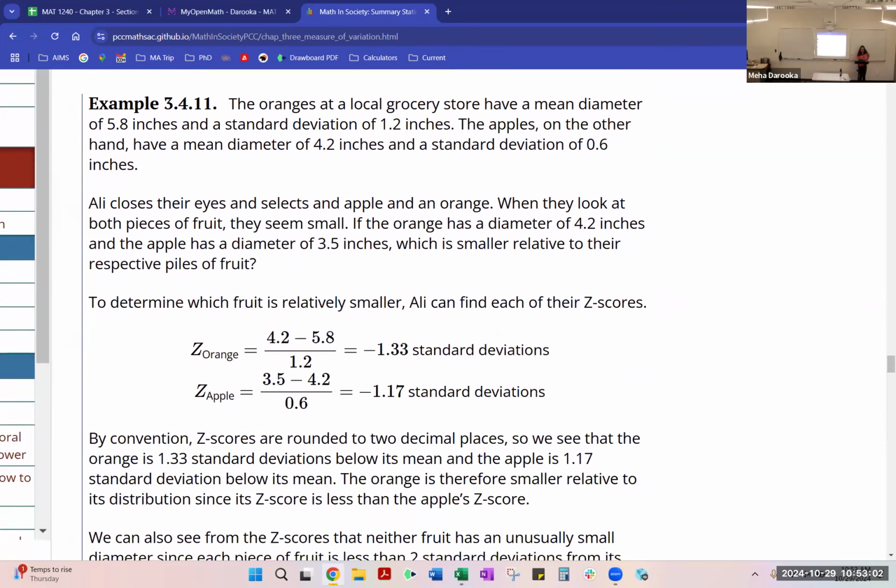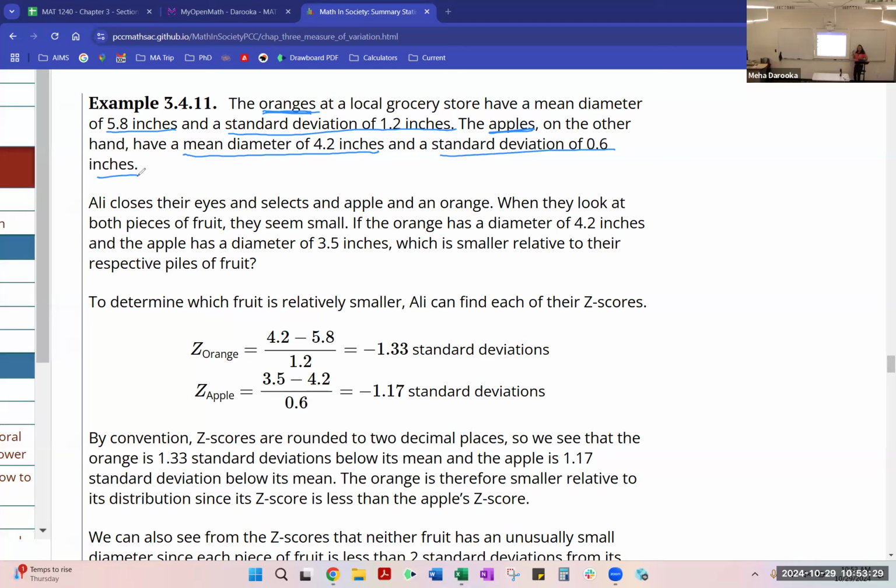Okay. So oranges at a local grocery store have a mean diameter of 5.8 inches and a standard deviation of 1.2 inches. That's for oranges. Apples, on the other hand, have a mean diameter of 4.2 inches and a standard deviation of 0.6 inches.